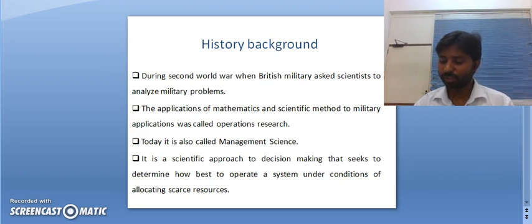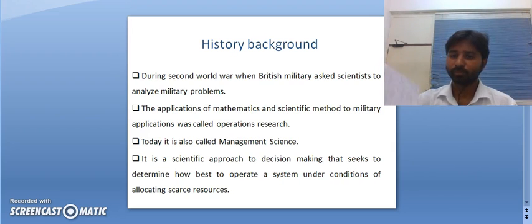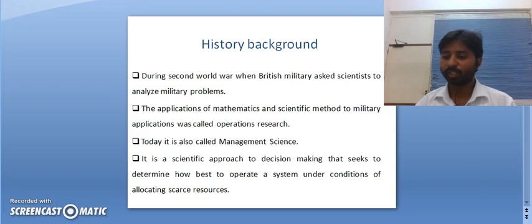Today, operation research is defined as a scientific approach to decision making that seeks to determine how best to operate a system under conditions of allocating scarce resources. The most important thing in operation research is the fact that resources are scarce and these scarce resources have to be used efficiently.